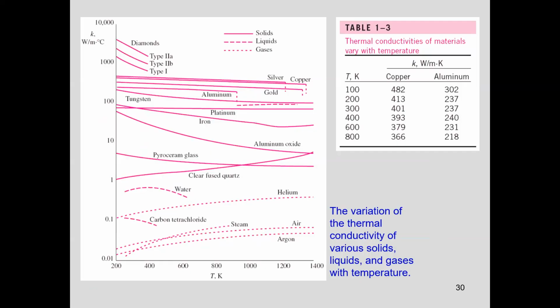Now, the thermal conductivities of metals also show an interesting property, which is that they vary with temperature. The variation of thermal conductivity of various solids, liquids, and gases with temperature is quite interesting because it has many applications.